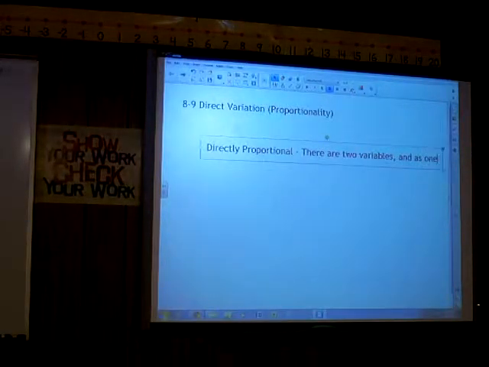And as one changes, the other changes in the same way, according to a particular ratio. Or maybe instead of in the same way, we should say in the same direction.